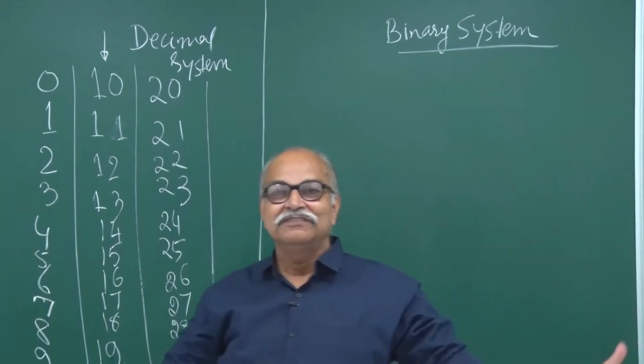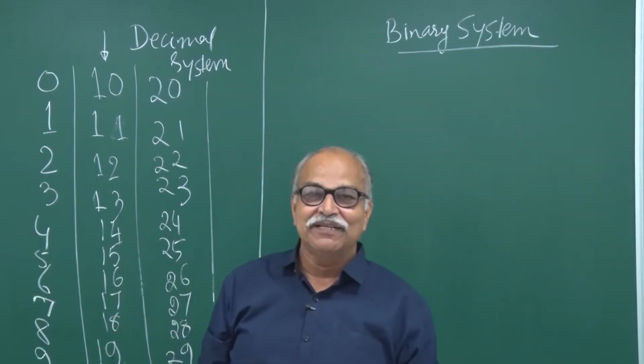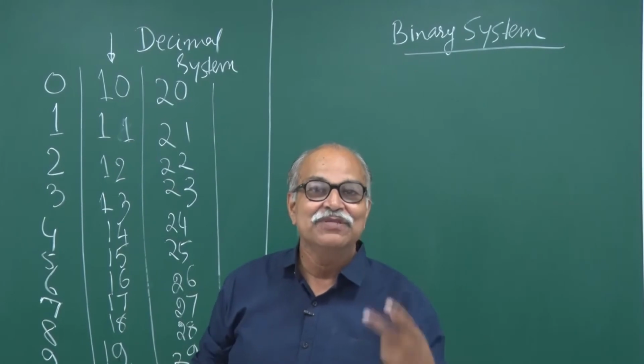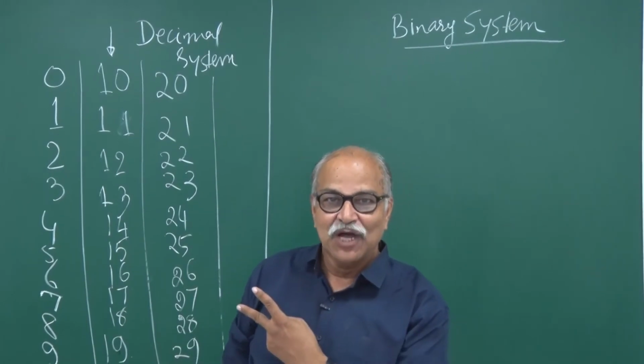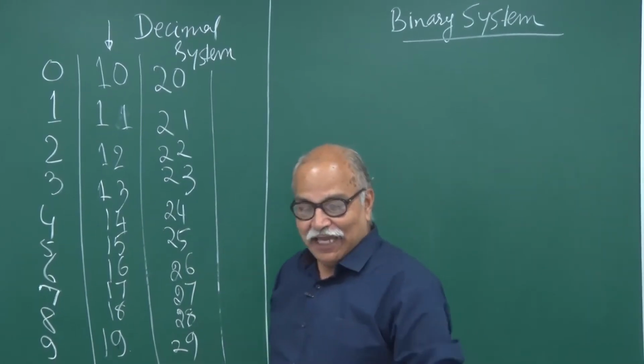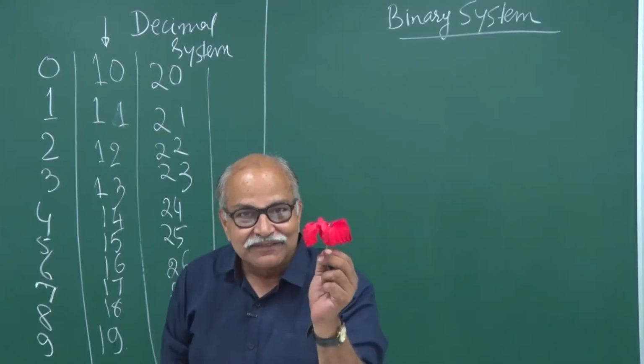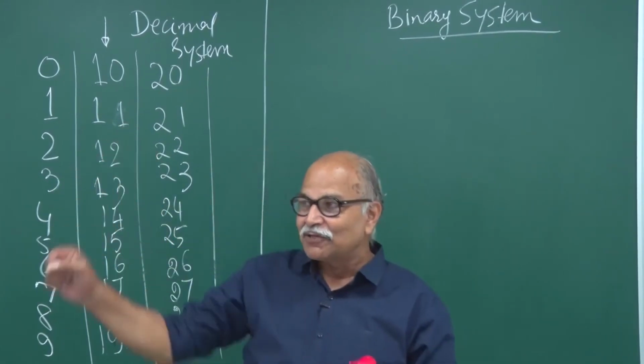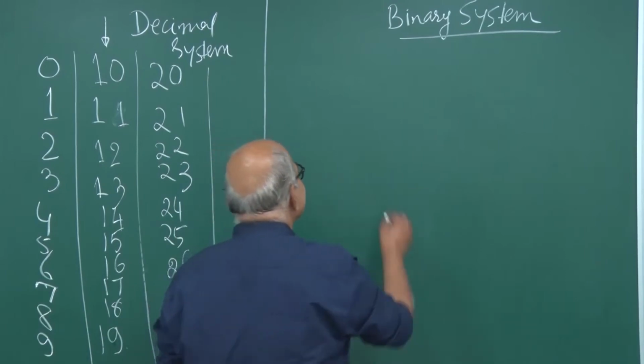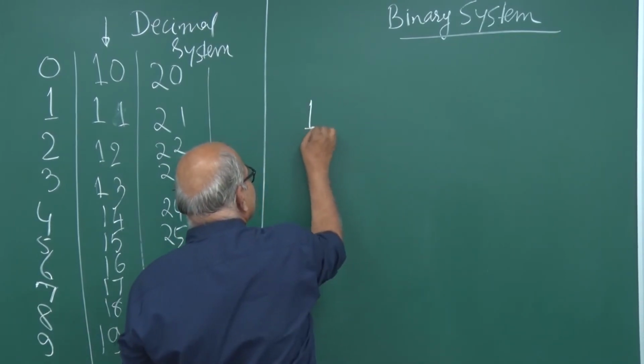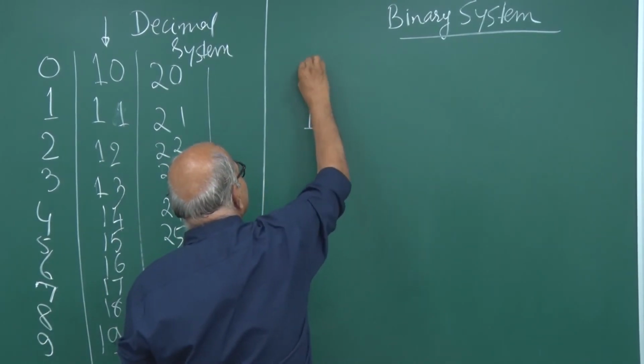think of the first book of arithmetic, counting, but using only 2 digit symbols. So, how will it go? If you have one flower, you will make a picture of flower, and then you will say it's 1. If you do not have any flower, you will call it 0.